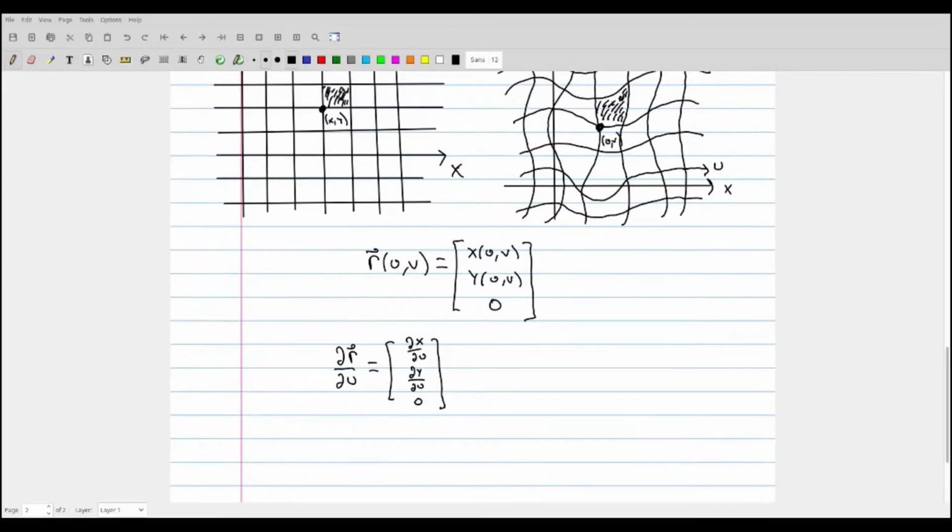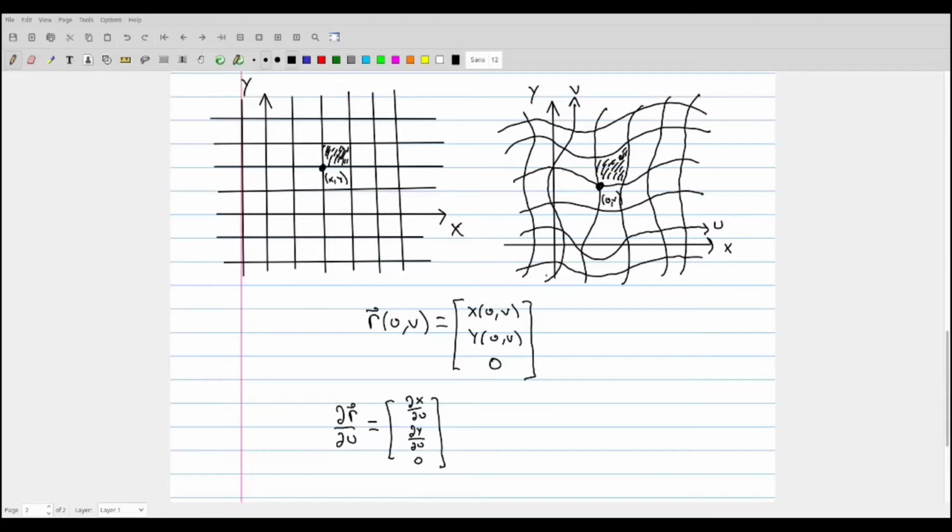And this vector dr du at any given point, if you evaluate it, is exactly a vector that's directly tangent to the curve at a given point. So this vector right here is tangent to the curve at this point.